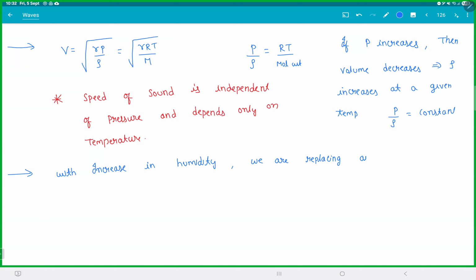We are replacing air molecules, whose molecular weight is 28, with water molecules, M is 18. Therefore, speed of sound increases. That means on a foggy night, sound travels faster. Clear with this? So these are the 3 points there.